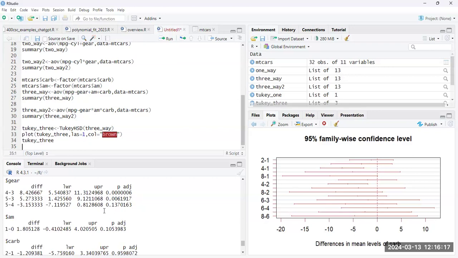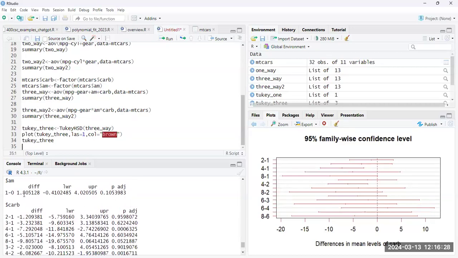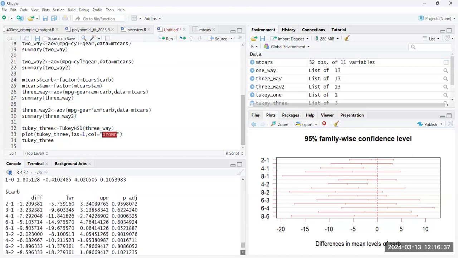So here we can see the gear variables. The p-value for 5-4 is not low enough, but these two would be low enough. This one is around 10%, so it's a little high, which is why it overlaps with 0 for our 95% confidence interval.